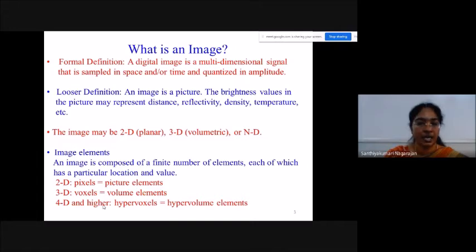Four-dimensional and higher elements are referred to as hypervoxels or hypervolume elements. So the image consists of image elements, called picture elements or pixels. If all the picture elements in an image have identity and uniformity over the entire region, then we call that image a texture.